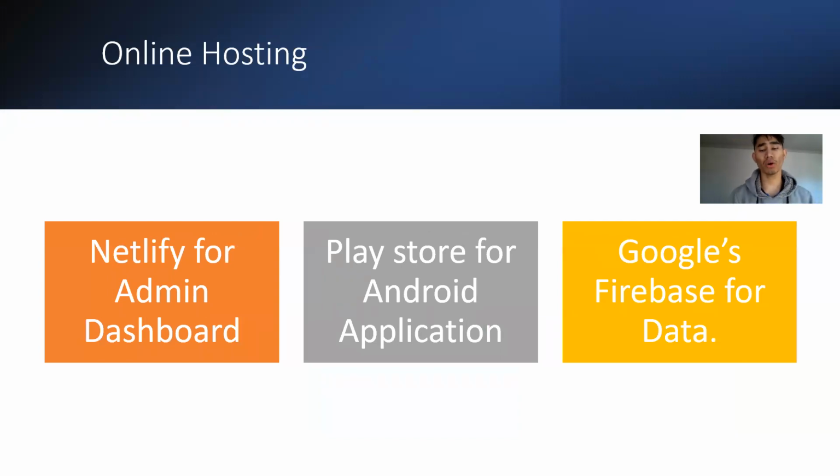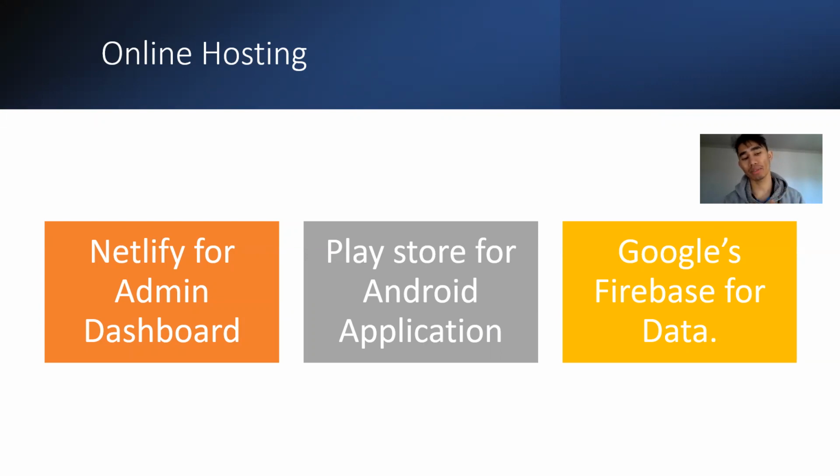The next topic is online hosting, which is one of the things I learned during this project. All our content is hosted online on Netlify, so the admin dashboard can be accessed directly from the internet by anyone with an internet connection.